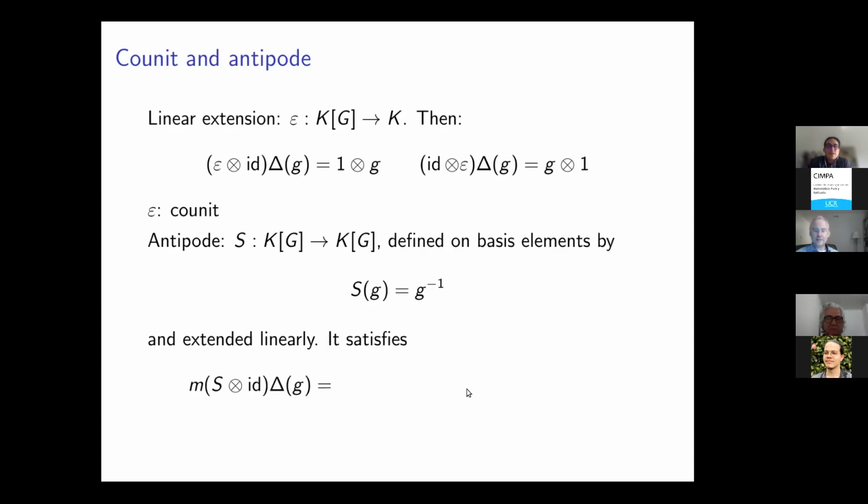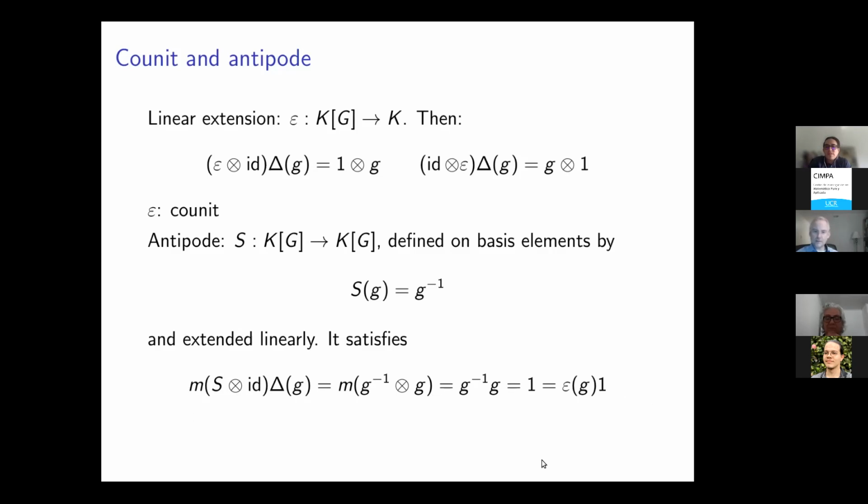And this now satisfies the following two equations. If I first apply the coproduct, get G tensor G, and then apply the antipode on the left tensor factor, mapping this to G inverse tensor G, and then multiply the results together, where M is the multiplication map, then I get this result over here. The antipode maps this G tensor G to G inverse tensor G. And then, of course, if you multiply them together, you get here 1.